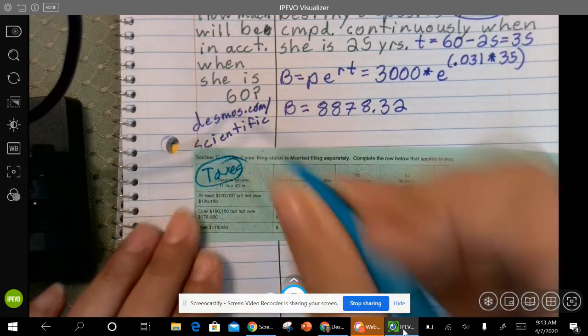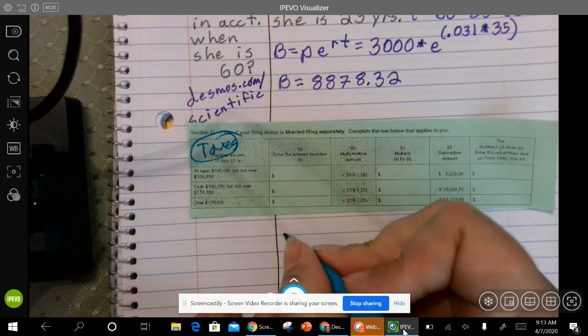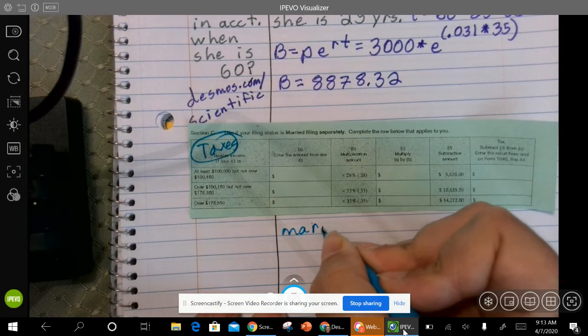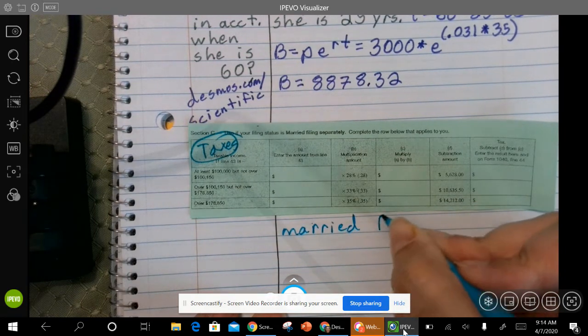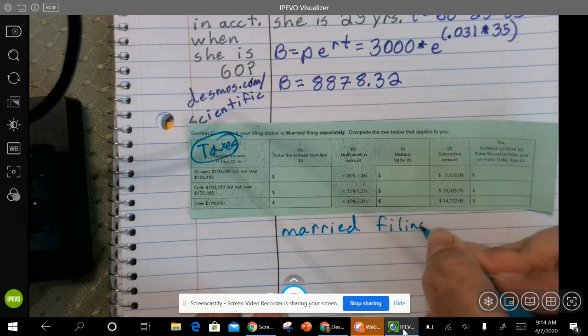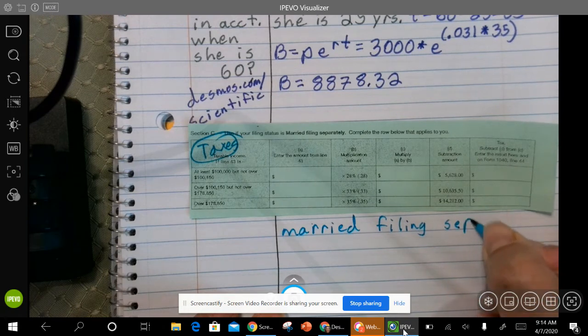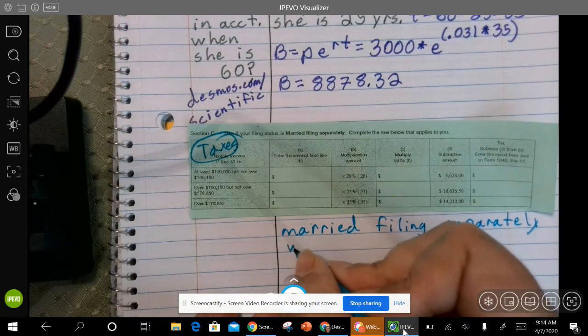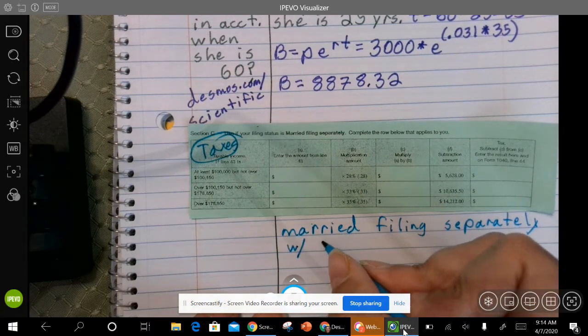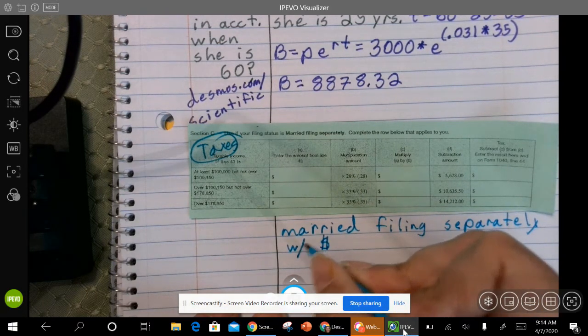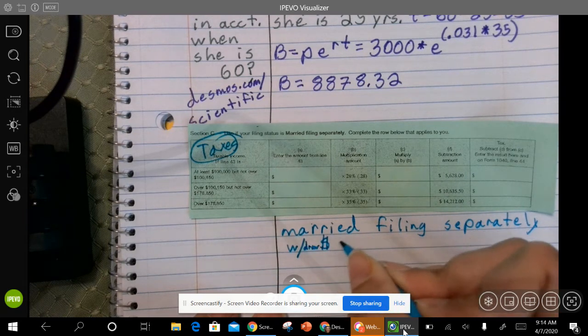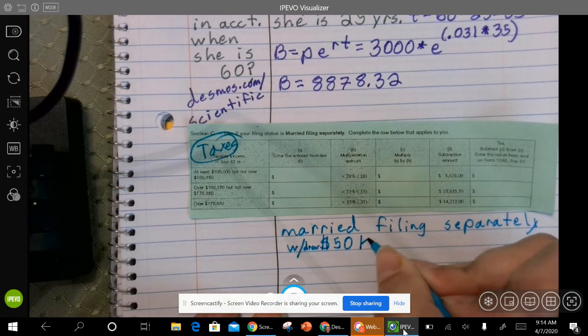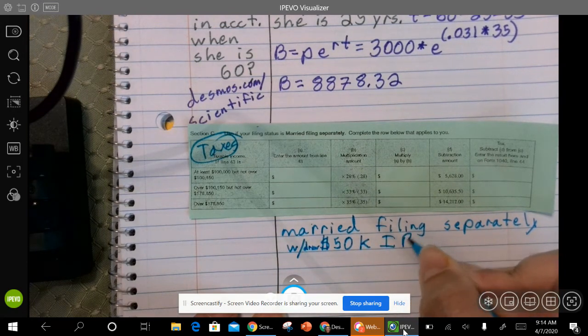So let's say you're married, filing separately, and you wanted to withdraw $50,000 from your individual retirement account.